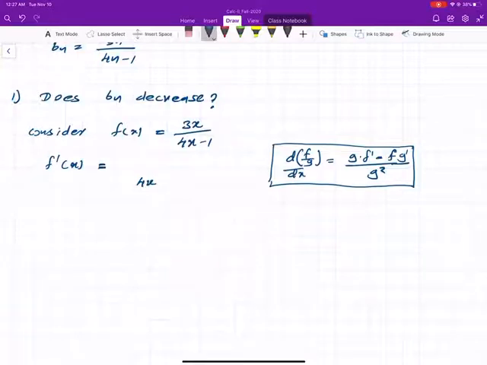So you write 4x minus 1 squared in the denominator, and then in the numerator you write 4x minus 1 times the derivative of 3x.